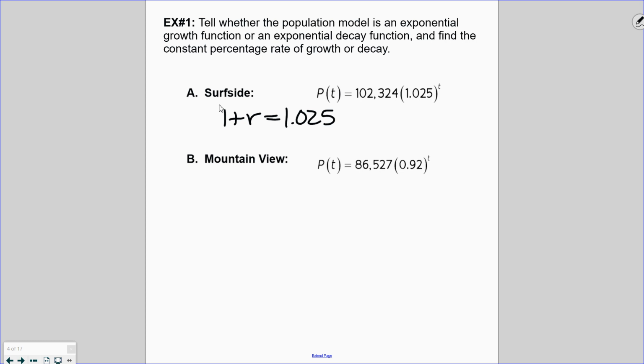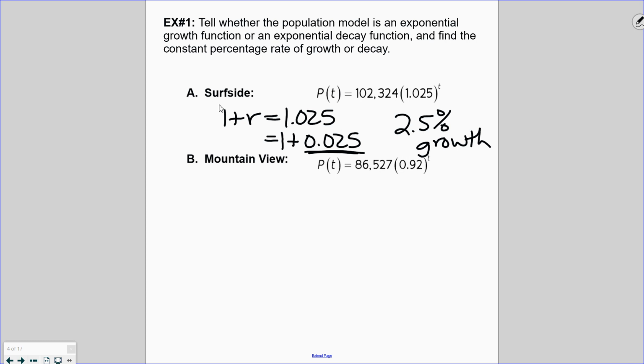So 1 plus your rate, R is 0.025. In percent, we move it 2 decimal places, and that would be 2.5% growth because it's positive. So that's your R, because it's 1 plus R inside.